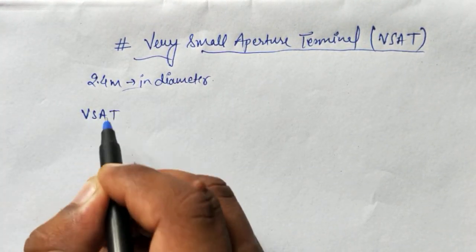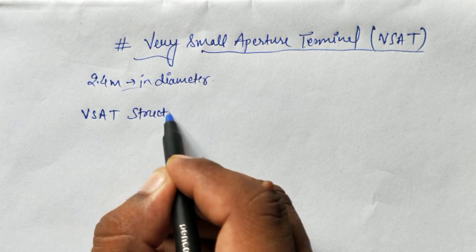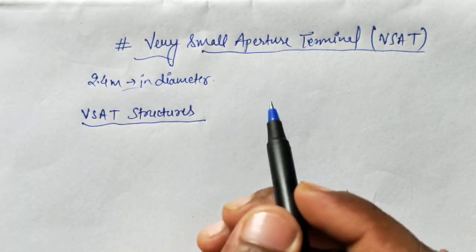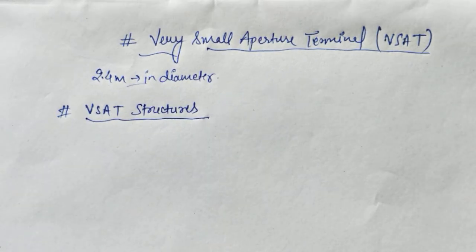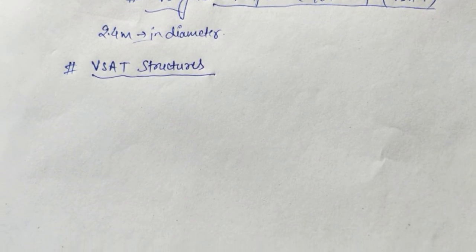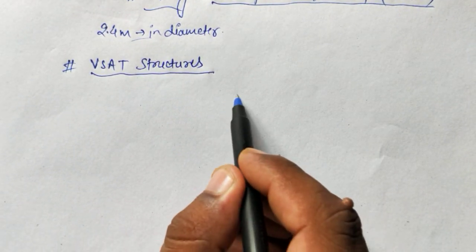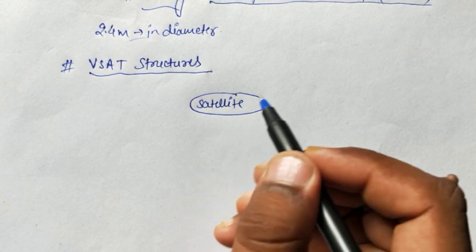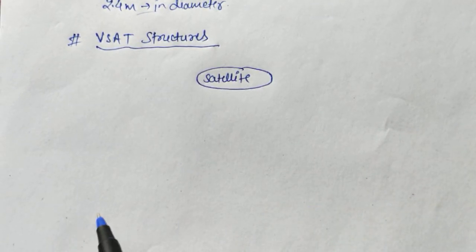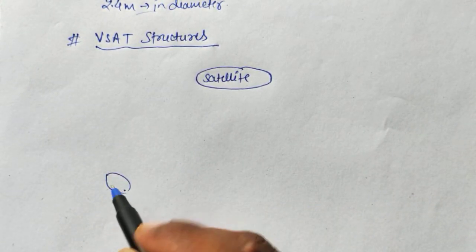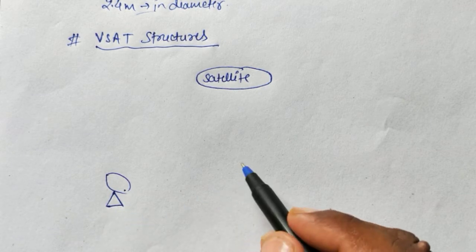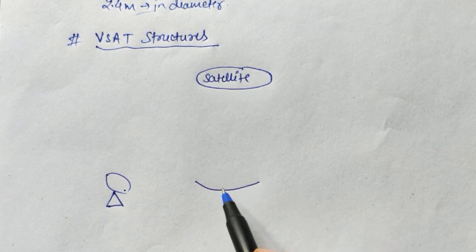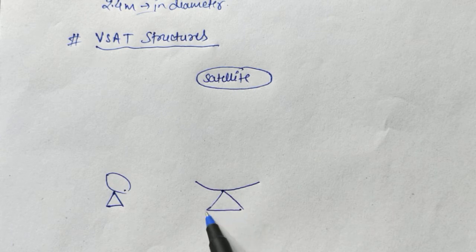So let's go to the VSAT structures. The basic structure of a VSAT network. Let me draw a figure first, and after that we will start our discussion. This we are assuming to be a satellite, here I am assuming an Earth station, and this is assumed to be a hub.